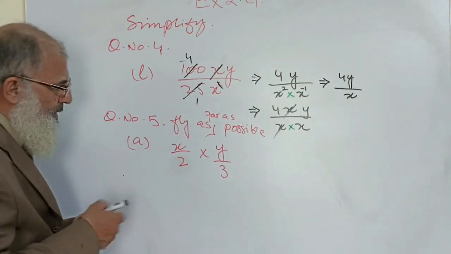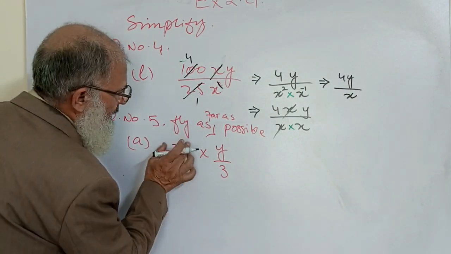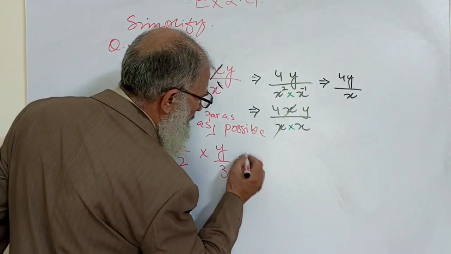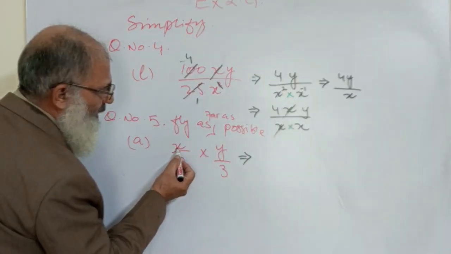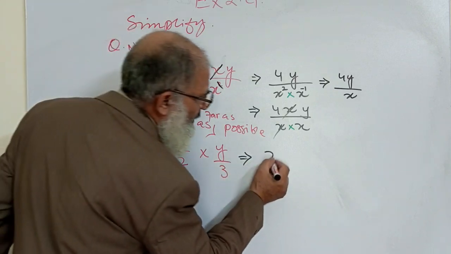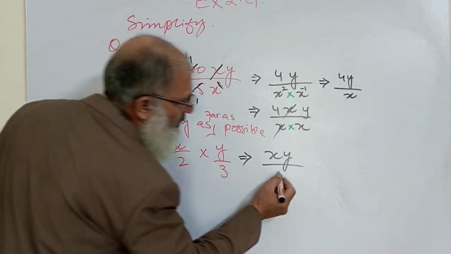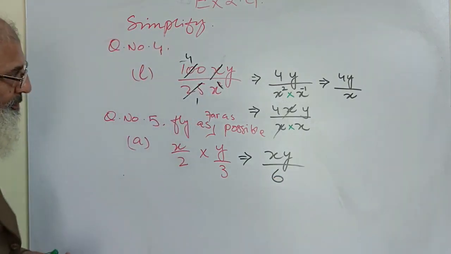Just multiply the numerator with the numerator, and the denominator with the denominator. Multiply x with y, it will become xy, and the denominator with the denominator becomes 6.